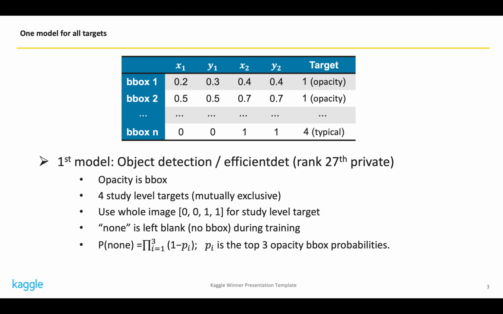So we have to leave the non-target blank during training, and to predict it, because none means the probability of no opacity, we can simply use the probabilities of the top opacity bounding box to predict it. Here we show the equation, and above there's a table which is an example of labels of an input image for our object detection model.